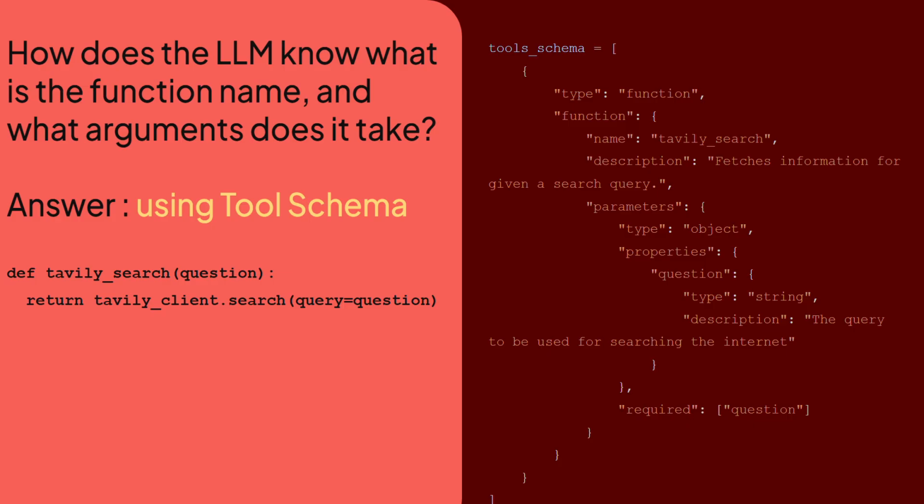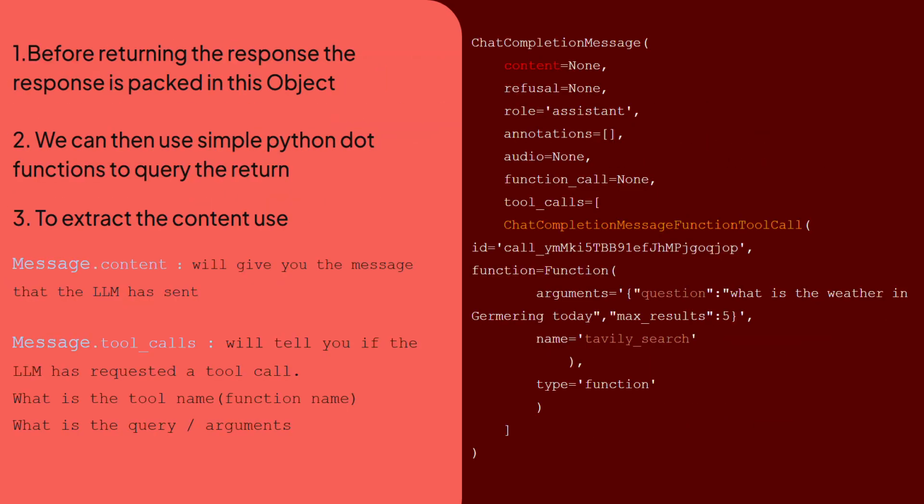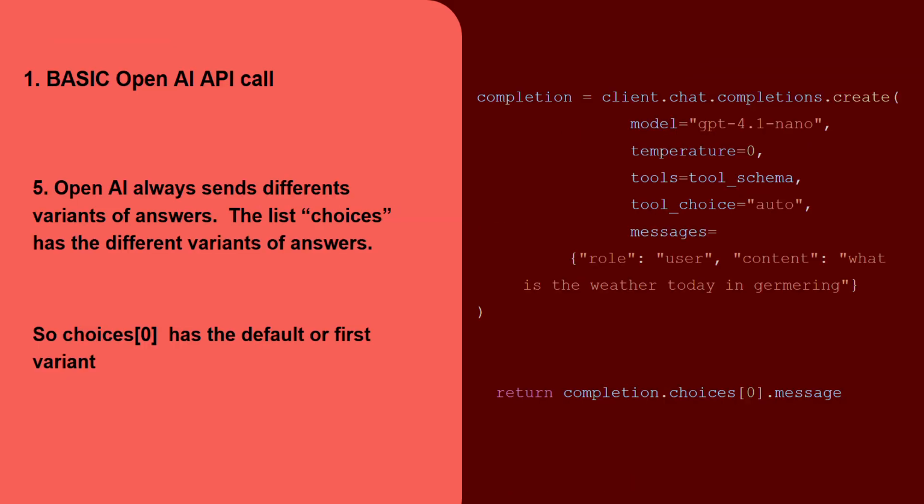And using this, you can build a very nice tool calling design pattern, wherein the LLM can use multiple tools and respond back using enriched information or fetching the latest information. And it can use these tools in whichever fashion it wants. There is also the tool choice methodology where you can just say automatic, and then this will give the LLM the freedom to use the tool whenever it wants and whichever way it wants.